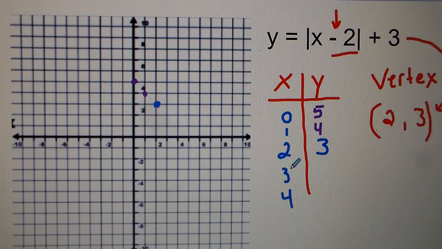Next up is 3. So we put 3 in. 3 minus 2 gets us 1. Absolute value of 1 is 1. And 1 plus 3 gets us 4. When we plug in 4, 4 minus 2 is 2. The absolute value of 2 plus 3 is 5. So we got 3, 4 and 4, 5.